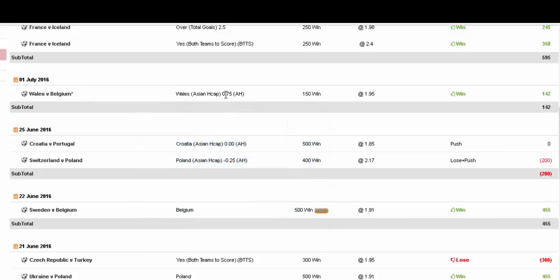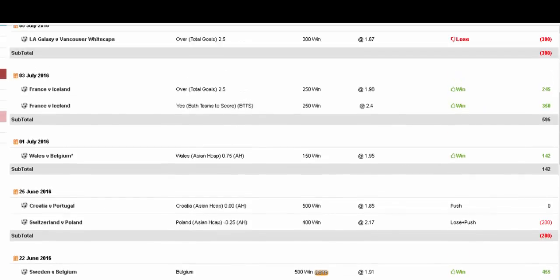So to get an Asian handicap meant that if it was a draw, I'd win, and if Wales won, I'd win. So that was why. I mean, that was an attractive bet to my mind. That said, it's not a 500 bet. It wasn't a kicking and screaming bet.